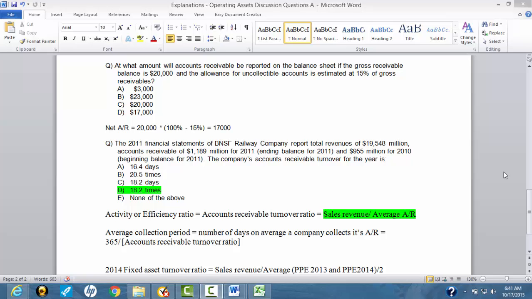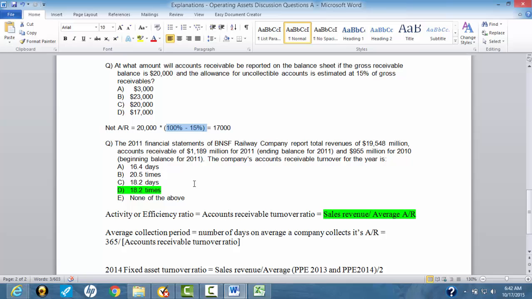Now, if 15% of 20,000 is estimated to be uncollectible, then the net account receivable, what we estimate will be collectible, will be 15% out of 100%.